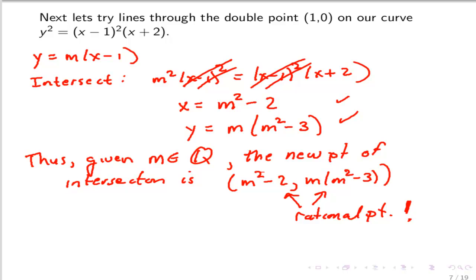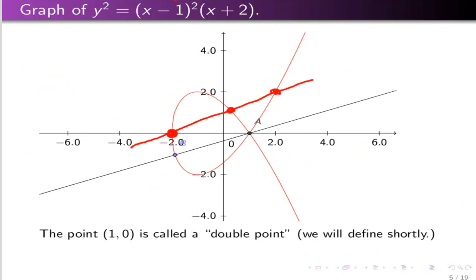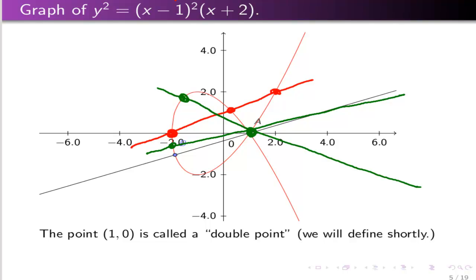So if we go back to our picture, what we're doing this time is taking the double point here, draw a line of a given slope, and there's a unique point of intersection. So we have, there's the new point of intersection. Or if I draw a slope like this, again, there's a unique point of intersection.